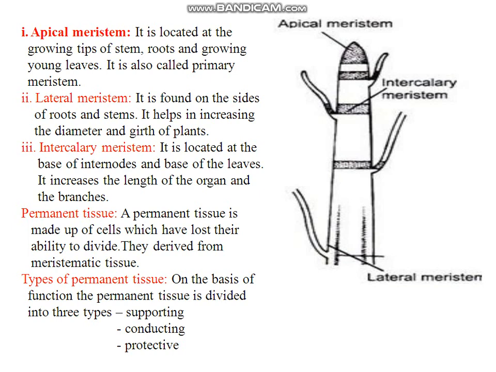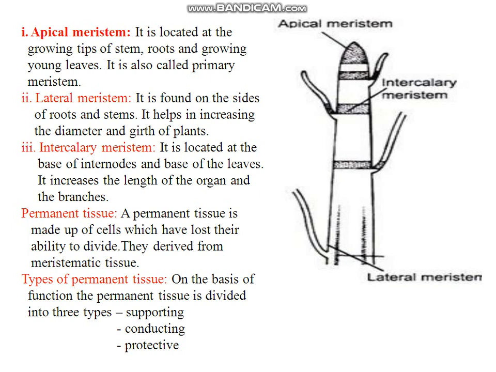Apical meristem is located at the tip of root, shoot and leaves. Apical meristem is present at the tip of roots, at the tip of shoots and tip of leaves.